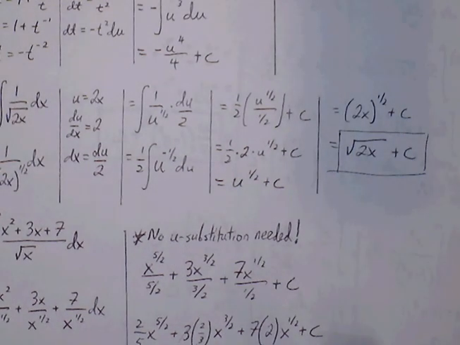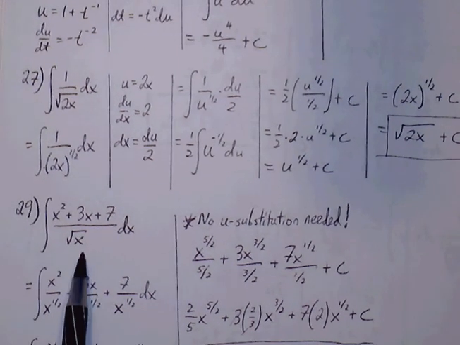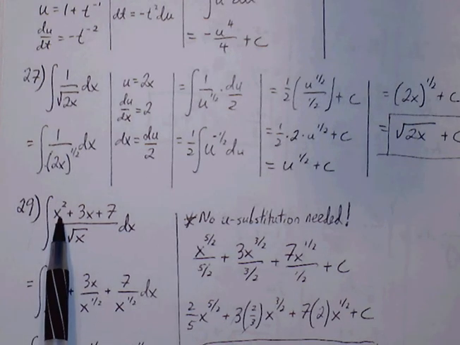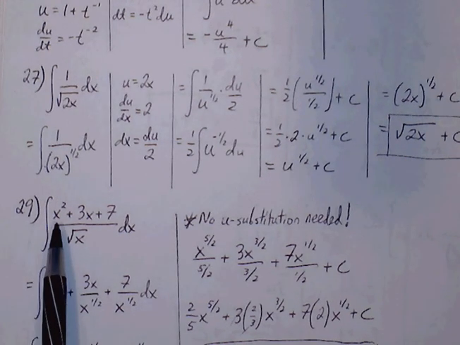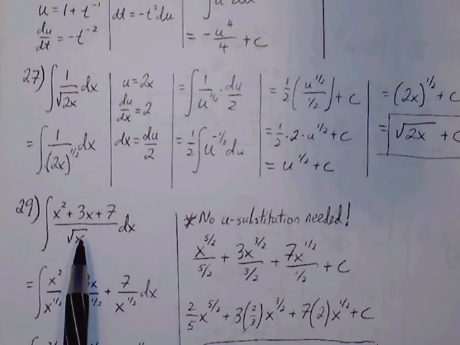Okay, 29. If we look at 29, this resembles problems that we've seen before. Not every problem in 4.5 will be u-substitution. So we have to get used to considering the power rule first, and then if u-substitution is necessary, we look to that.